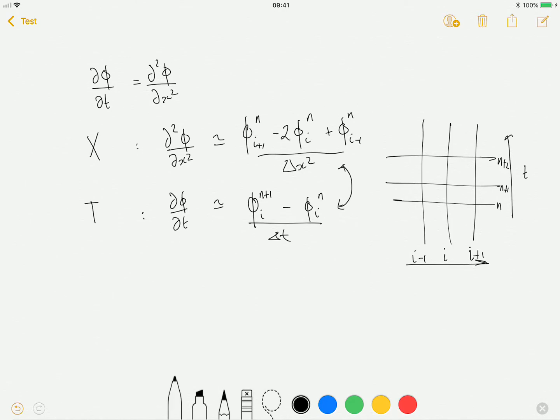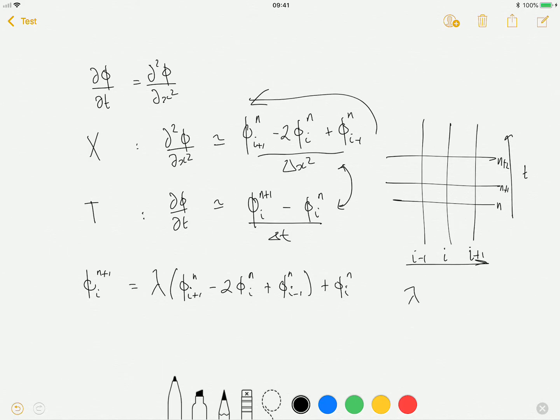Okay, so if we substitute both of these equations back into our original one-dimensional diffusion equation, we get that φ of i at time n+1 is equal to λ multiplied by φ i+1 at time n, minus 2 times φ i at time n, plus φ of i-1 at time n, plus φ i at n, where λ is equal to our constant k multiplied by our time step and our spatial grid spacing.